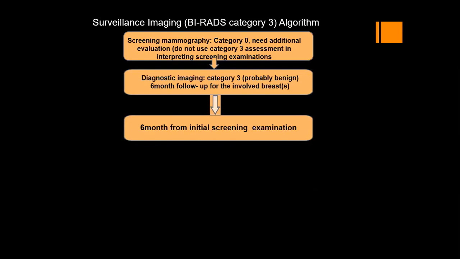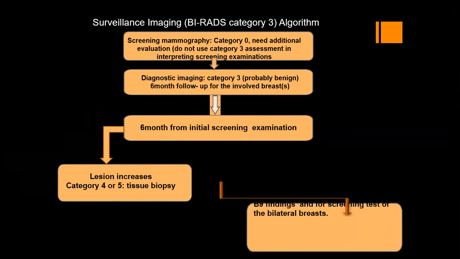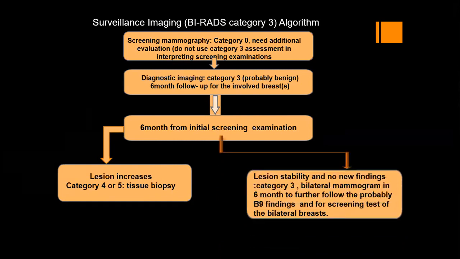If it demonstrates any change, increase in size or change in characters, it will be upgraded to 4 or 5, and then tissue biopsy will be indicated. If the lesion's stability is confirmed and no new findings, then it will still be BIRADS 3, probably benign, for 6 months follow-up.